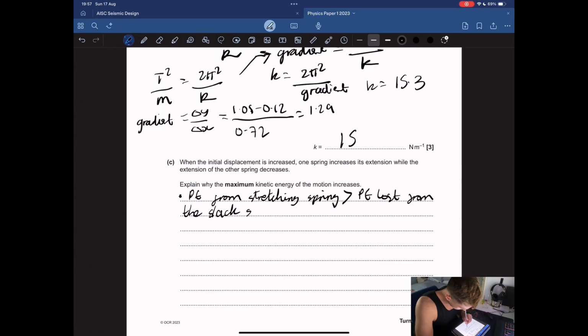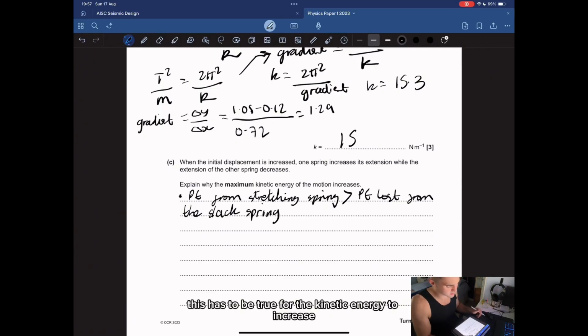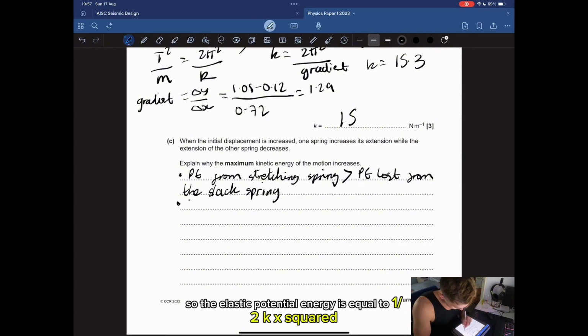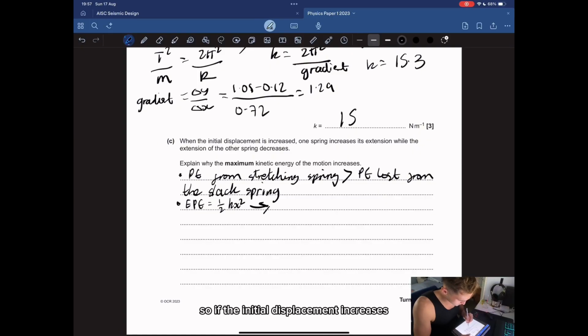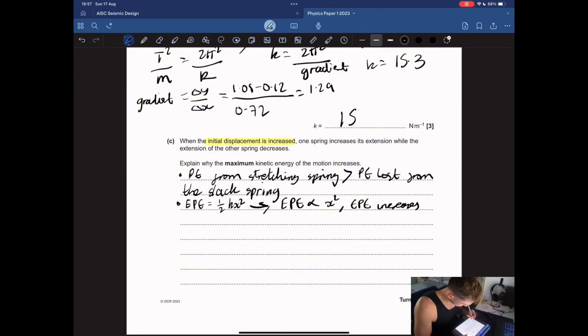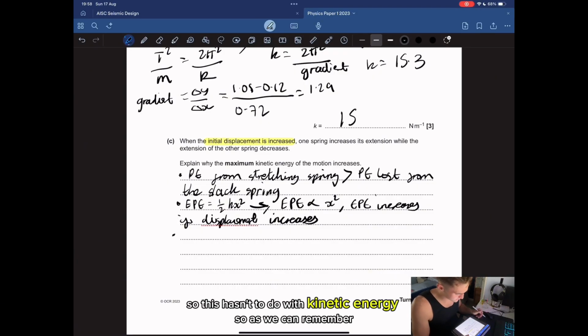This has to be true for the kinetic energy to increase. The elastic potential energy is equal to 1/2 kx squared. So as EPE is proportional to x squared, EPE increases if displacement increases, which it's saying it has.